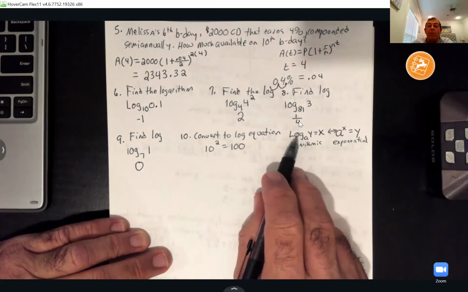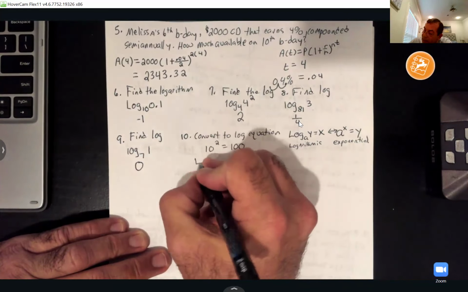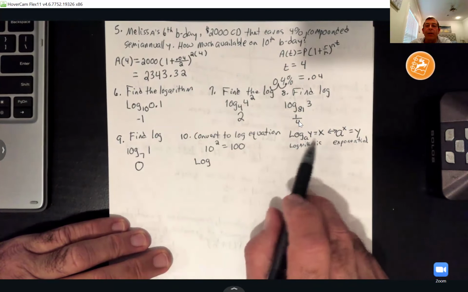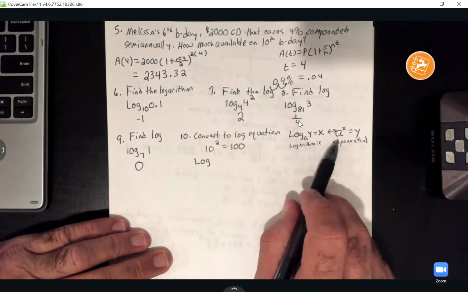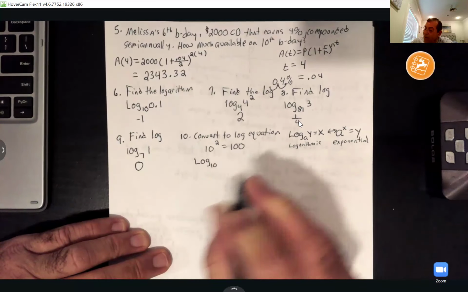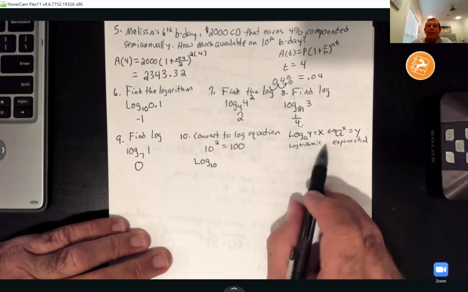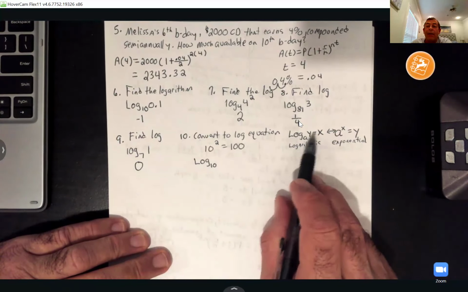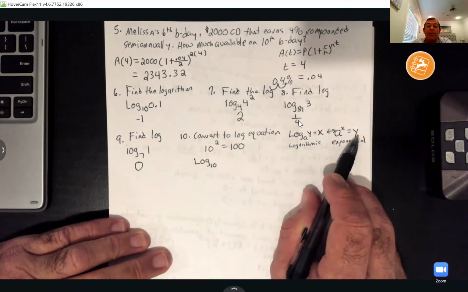So we got to write it with a log. So the first thing I do is put my log down. So what's the base of this log? Well, y'all look here. The base of the log is equal to the base of the exponential. It's a 10. The result is the same as the result of the exponential. So you see they got the y there because y was the answer they got.